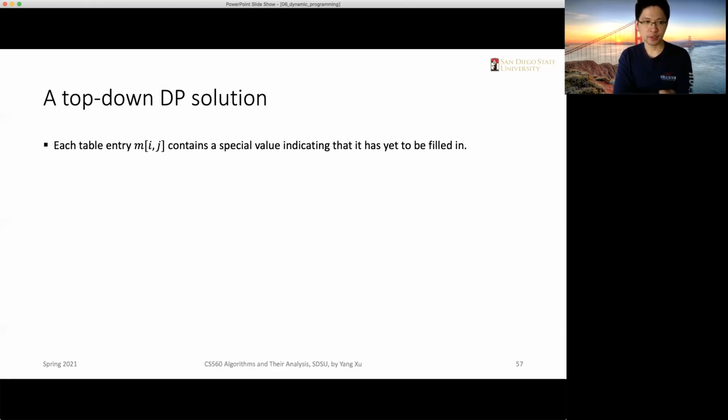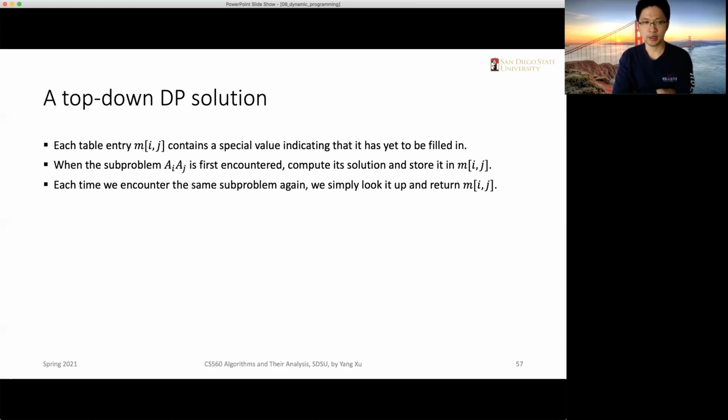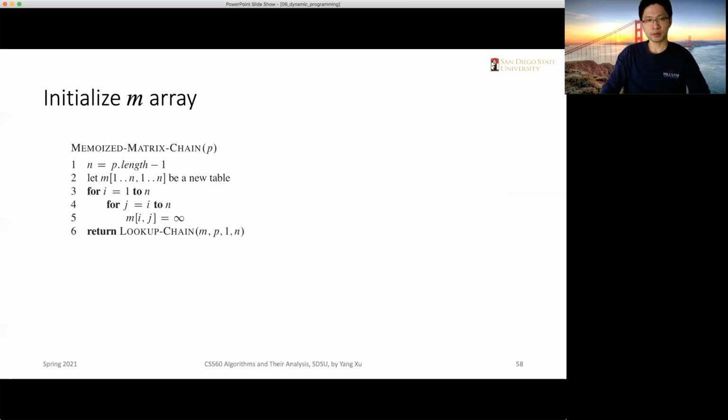In this top-down solution, each table entry contains a special value that indicates that it has yet to be filled in, right? It's not solved. So when the subproblem is first entered, we need to compute its solution and store it into the cell. Each time we encounter the same problem again, we simply look it up and return the value. So this top-down solution usually needs to check whether a solution exists at the beginning of the algorithm.